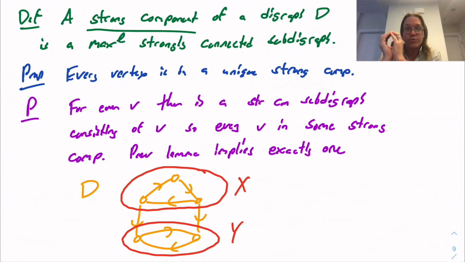And it is still true that every vertex lies in a unique strong component. But now what's different is that the presence of the partition into strong components does not tell you everything there is to know about the presence of directed walks. Okay, so we're going to unravel that story a little bit further in the next lesson, but that's going to be it for this one.